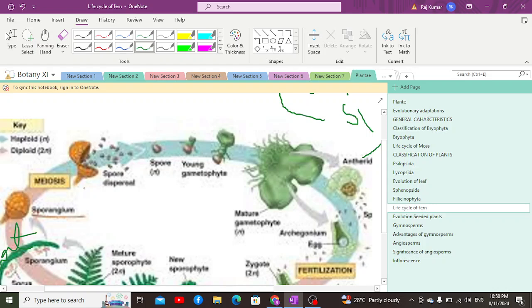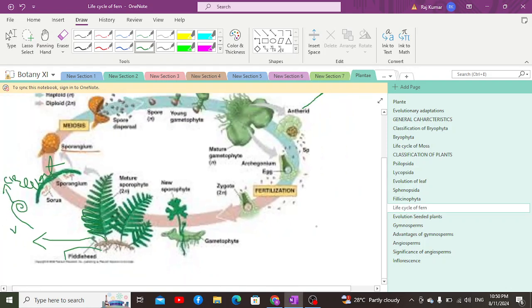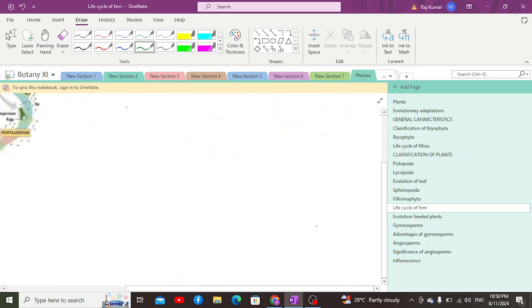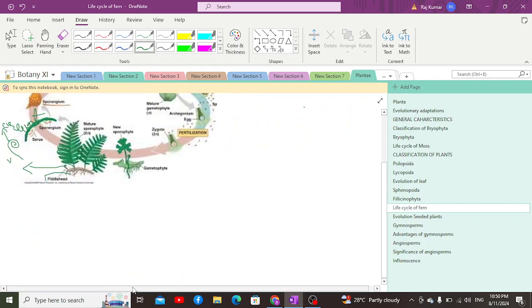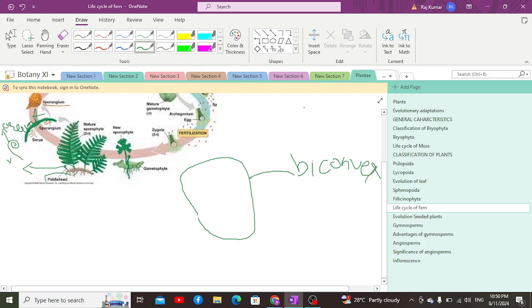Now, the structure of the sporangium here is a bit different from the sporangia we have studied previously. The sporangium is made up of two major types of cell. It has a biconvex, capsule-like shape.